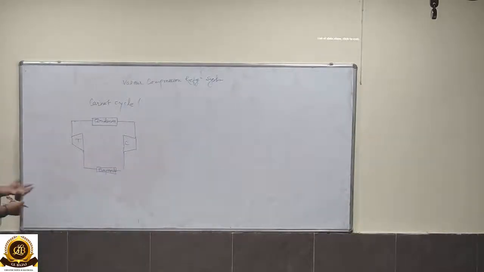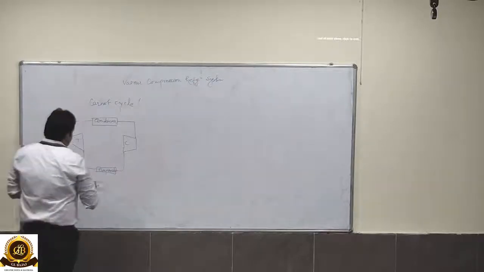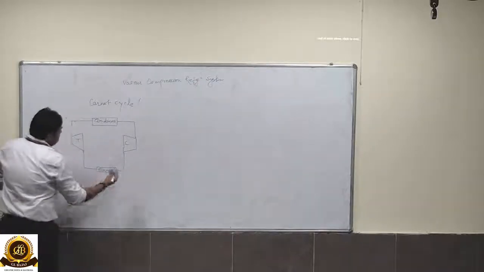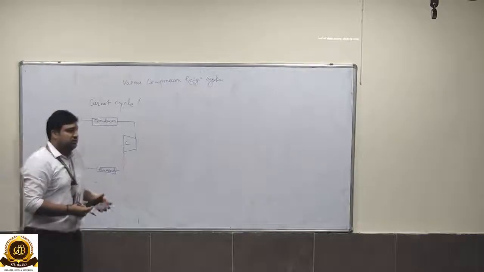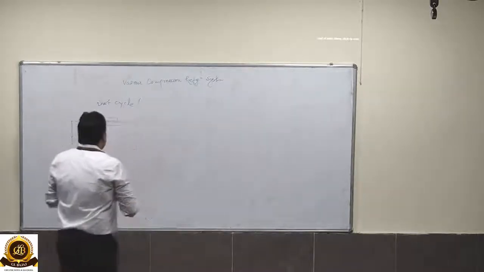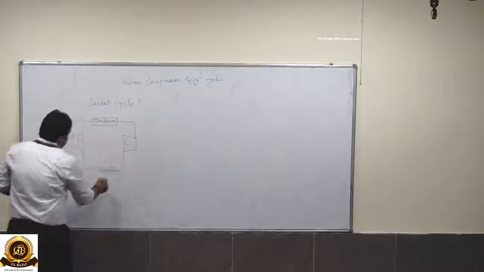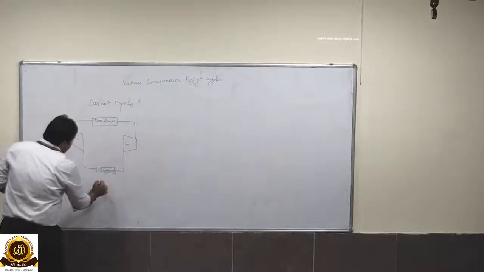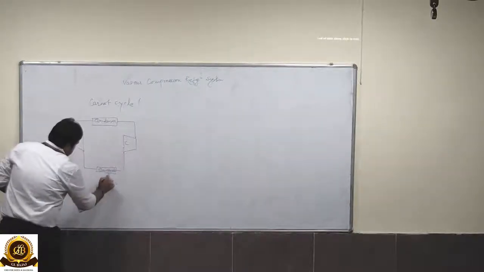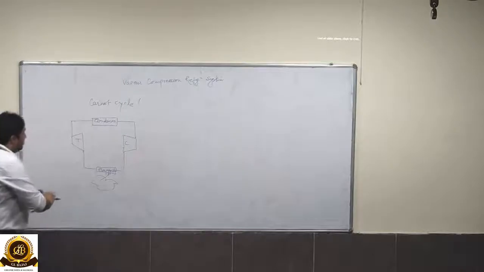The evaporator is the part in which the refrigeration effect is produced. How is the refrigeration effect produced? When heat exchange takes place between the refrigerant and the confined space, the refrigeration effect is produced.